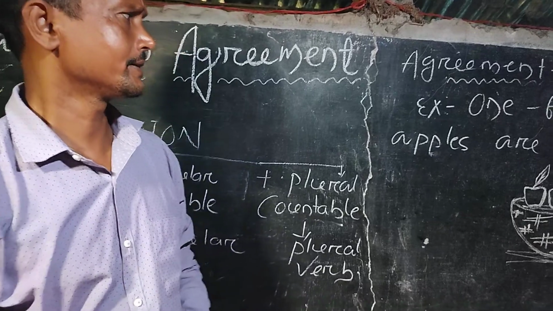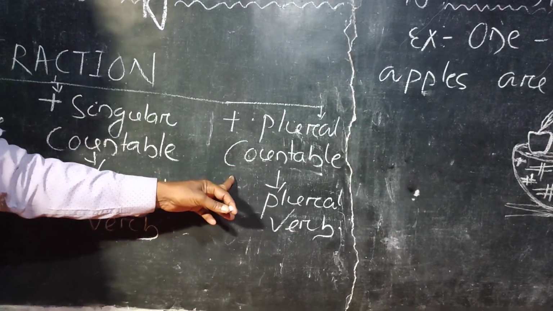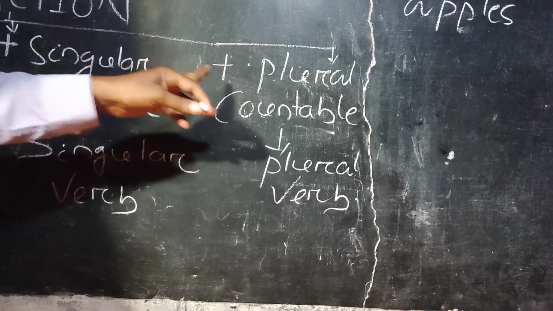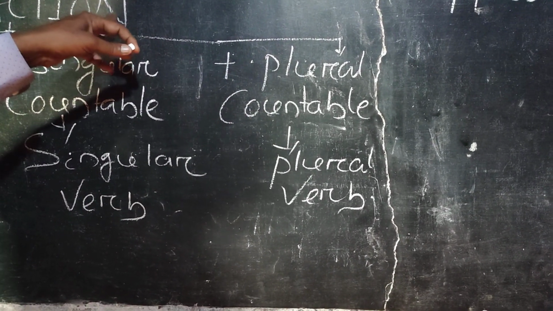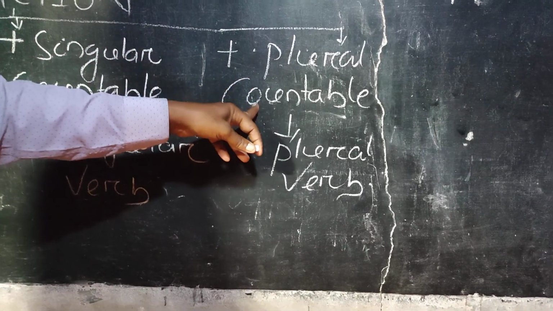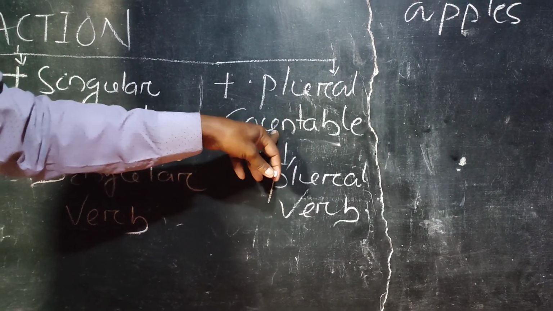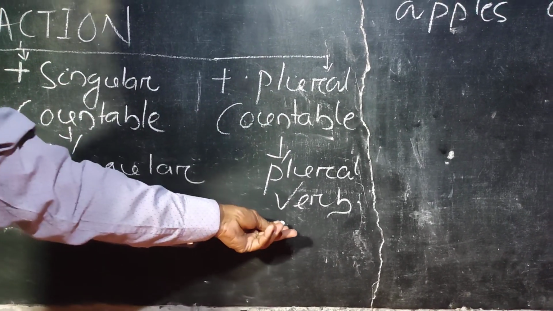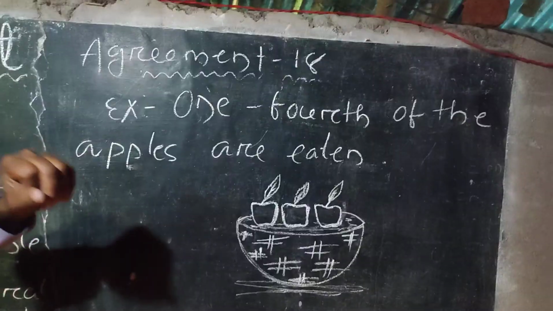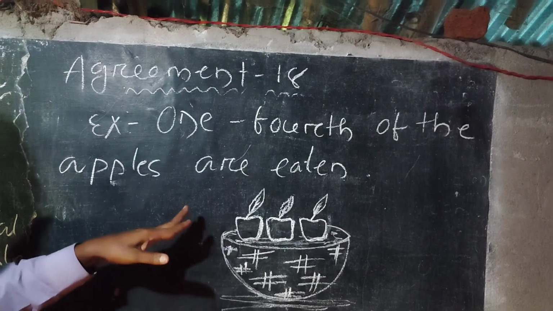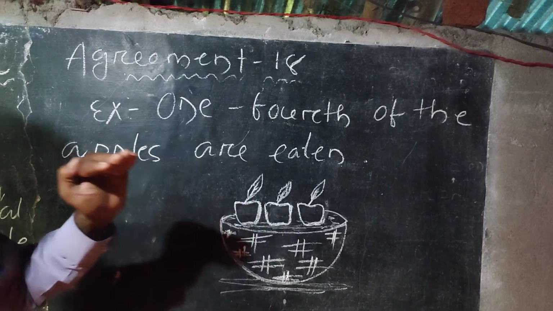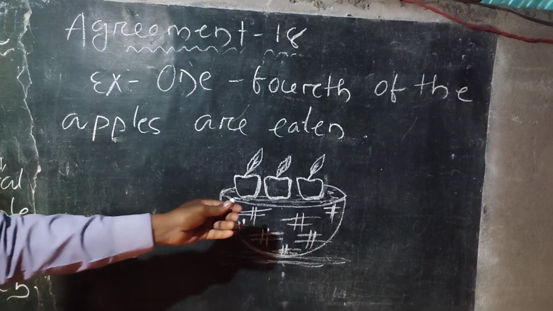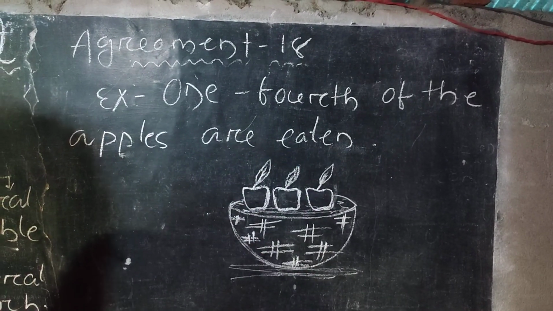We shall proceed towards this rule: fraction plus plural countable noun. That means immediately after a fraction, if the noun that comes is a plural countable noun, it will take a plural verb. Example: here in this basket, there were 4 apples, but 1 apple has been eaten.